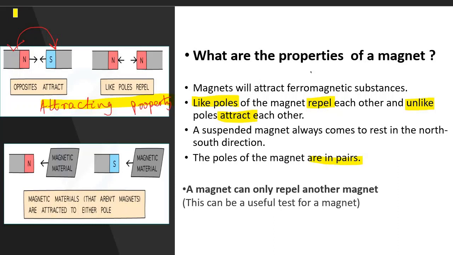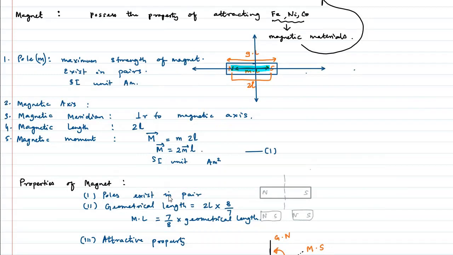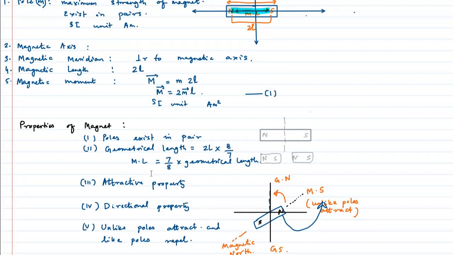Now there is a third property: all the poles of a magnet work in pairs. This is a very important point about a magnet. Work in pairs means what? For that we have to go into some discussion, where I have written something here which I want to share with you: the properties of a magnet.